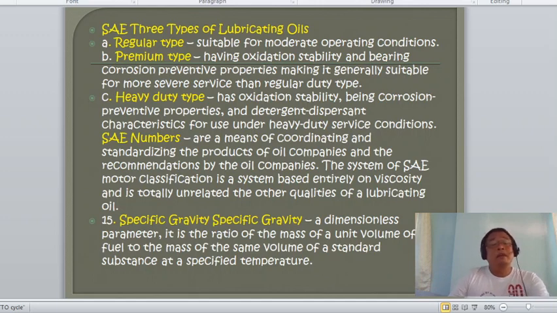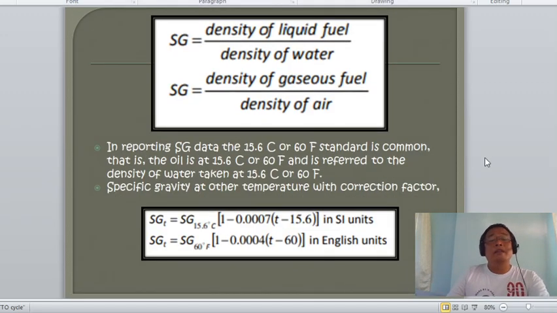Another is the specific gravity. It is a dimensionless parameter, the ratio of the mass of a unit volume of the fuel to the mass of the same volume of a standard substance. The standard substance, of course, is water. So for liquid fuel, specific gravity equals the density of the liquid fuel divided by the density of water.